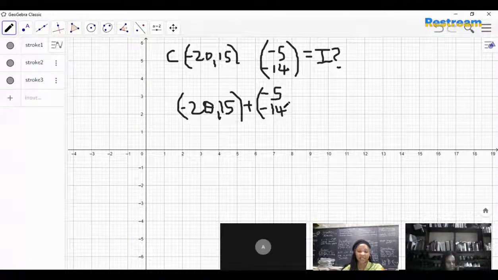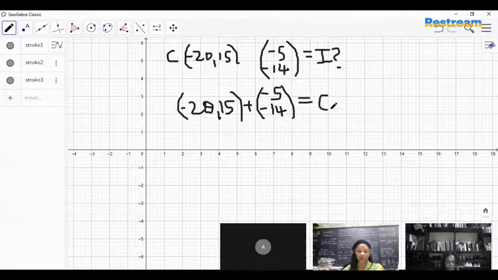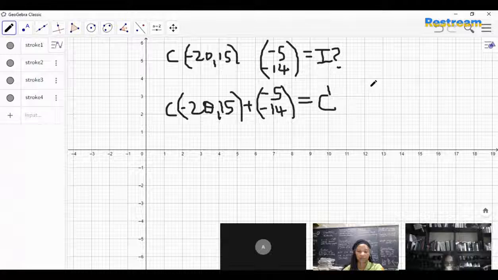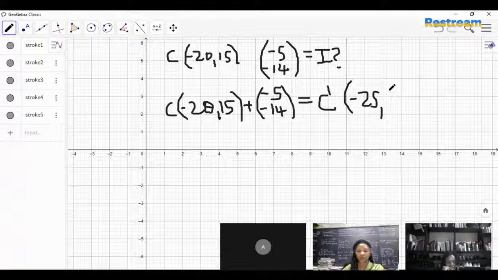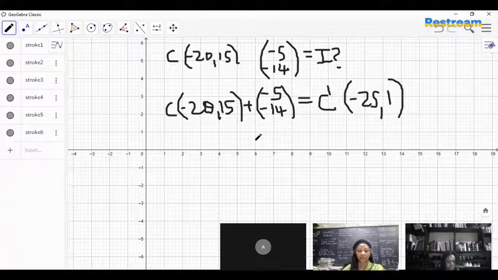The points are horizontal. So what would be C prime now? Okay, Miss, C prime would be -25, 1. So it would be -20 minus 5, which is -25, and 15 minus 14 would be 1. Yes, 1.